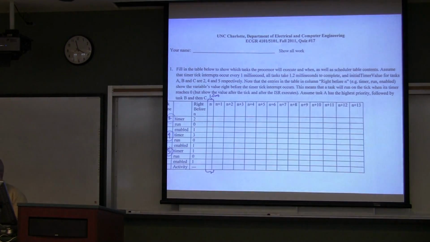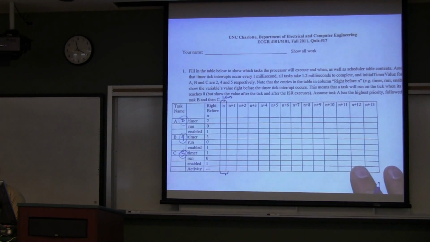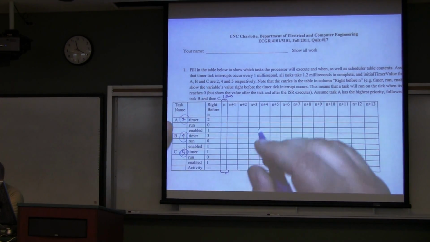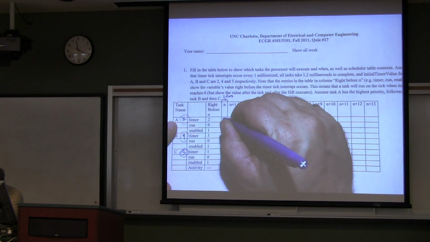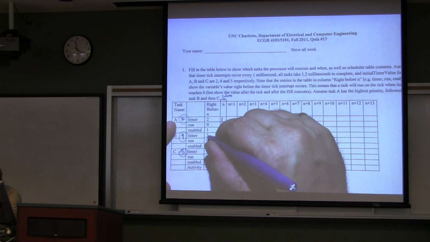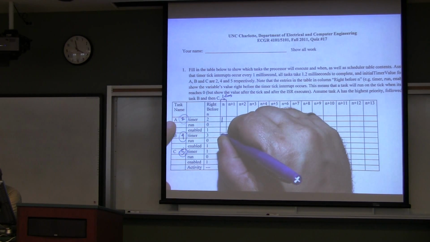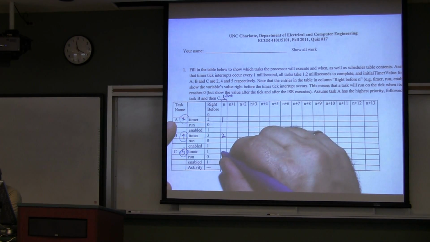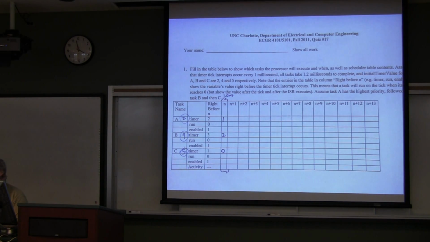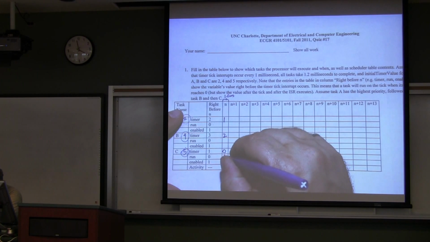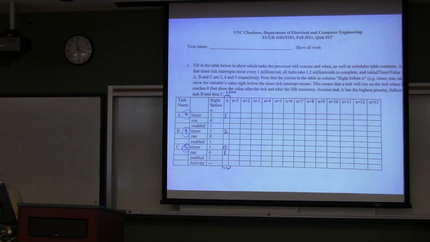At time n, our round robin says that this will go to which value? 1. This value will go to 2. This value will go to 0. When it's at 0, it means run. So we need to make sure that we identify that that is going to run.